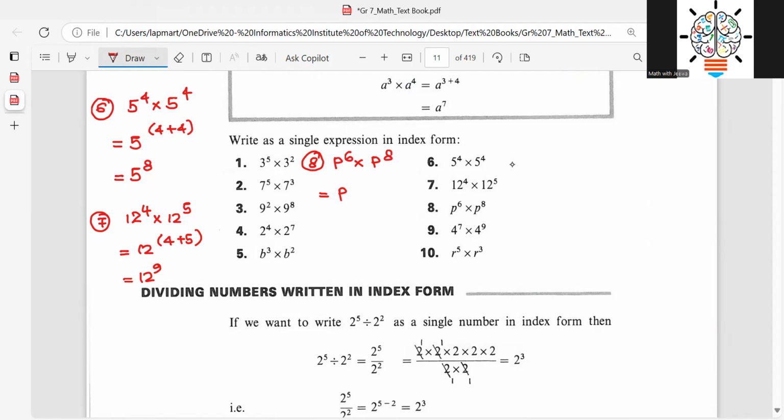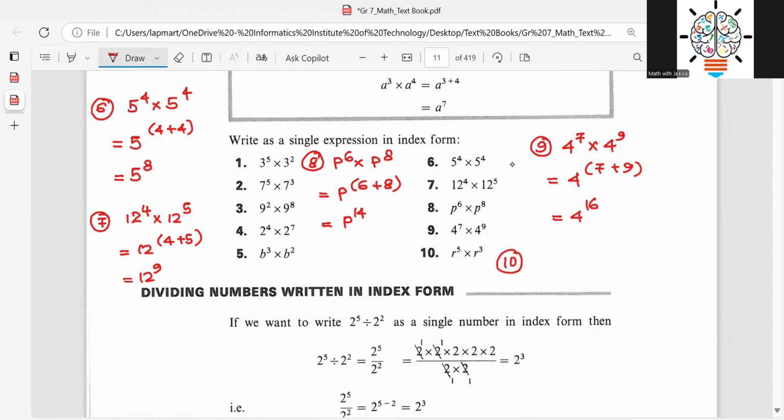So p to the power of 6 plus 8, p to the power of 14. Then question number 9, 4 to the power of 7 and 4 to the power of 9. So 4 to the power of 7 plus 9, 4 to the power of 16.